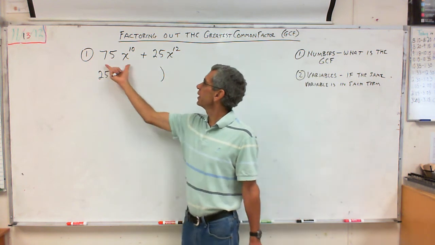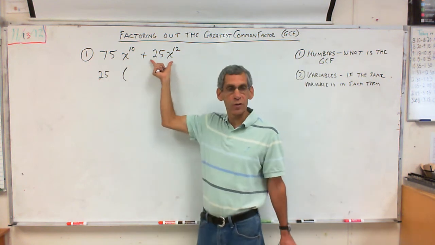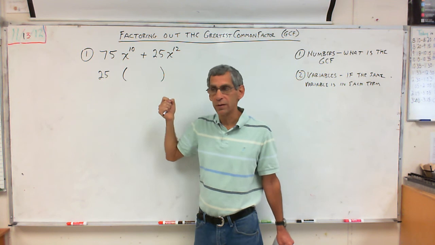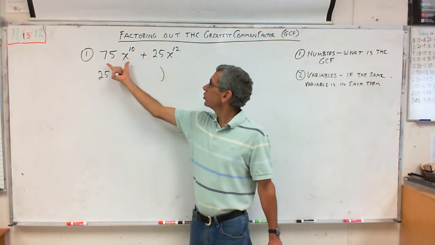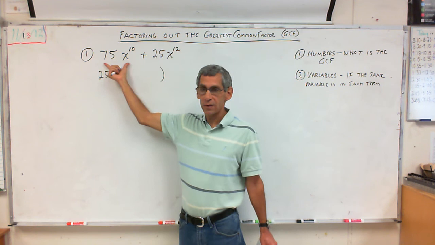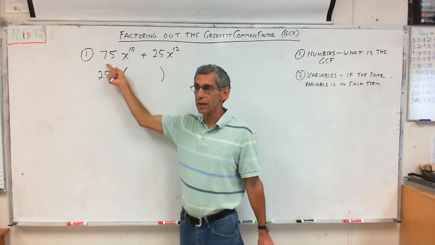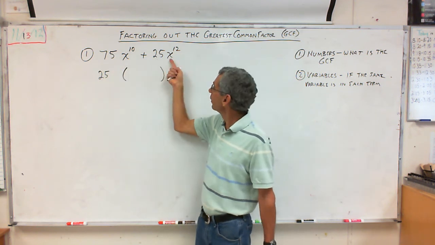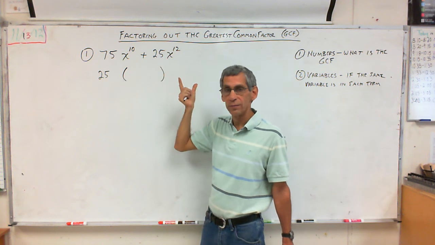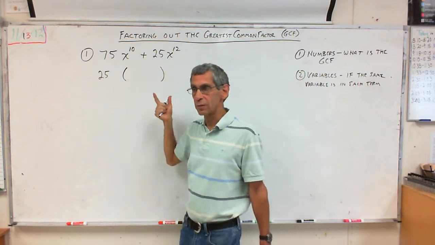This is a term and this is a term. Terms are separated by pluses or minuses. All those are doing is multiplying times each other, 25 times x to the 12. It's the plus sign that separates the two terms, right?